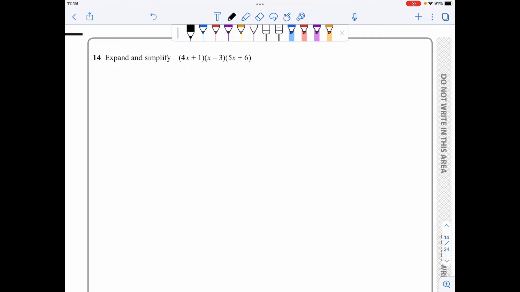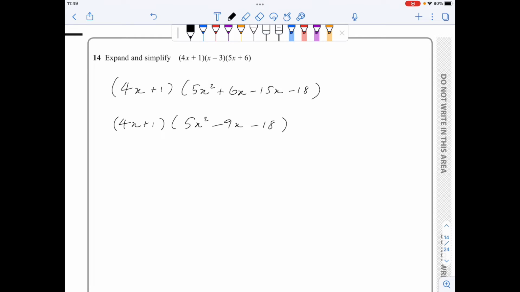In question 14, I'll keep the first bracket as it is, and I'll expand the last two. So I get 5x squared plus 6x minus 15x minus 18. Let's simplify the second bracket. 5x squared minus 9x minus 18.